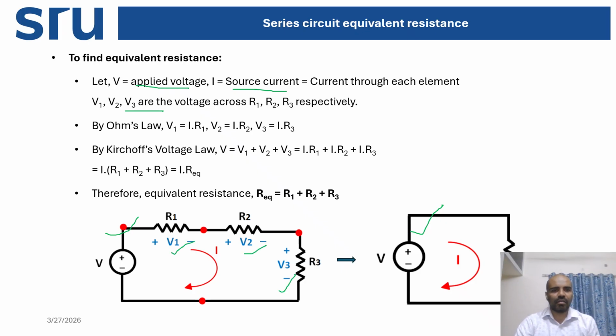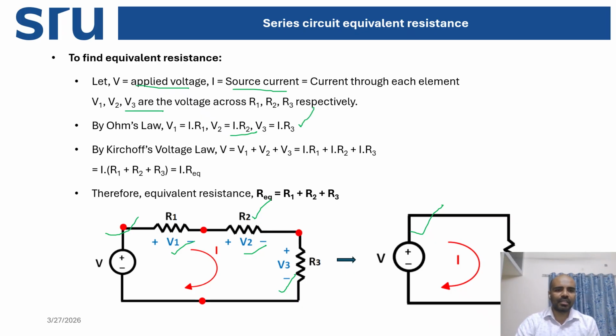As per Ohm's law, V equals IR, that is, the voltage drop is equal to the current times the resistance. So V1, the voltage drop across R1, equals I R1. V2, the voltage drop across R2, equals I R2, and V3, the voltage drop across R3, equals I R3.